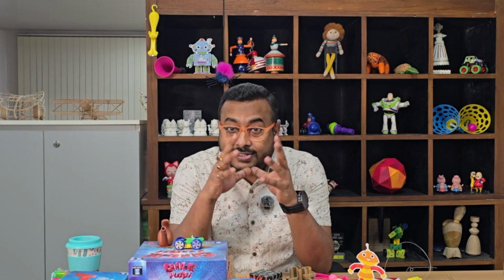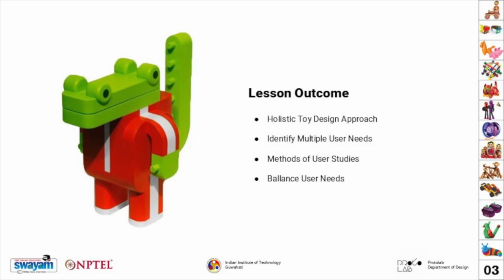By the end of this lecture, you will be able to think about toy design more holistically. You should be able to recognize how environment shapes what can and cannot be designed. You will be able to identify different users involved in toys' life cycle and understand how their needs and power differ.